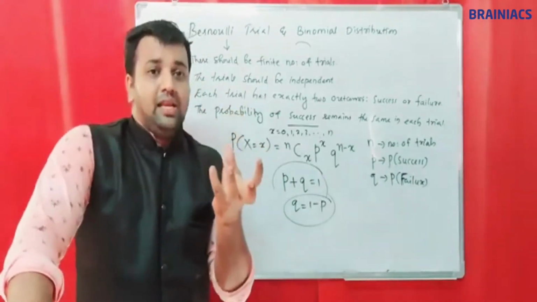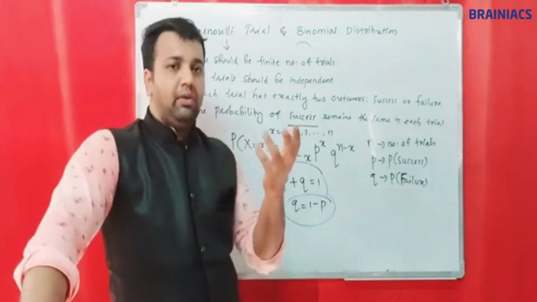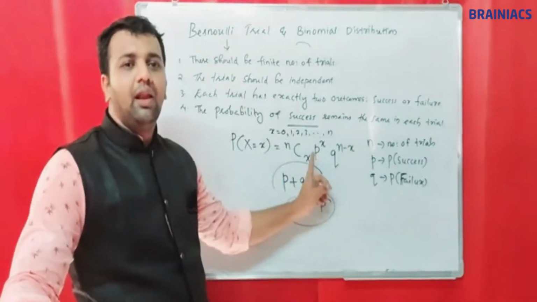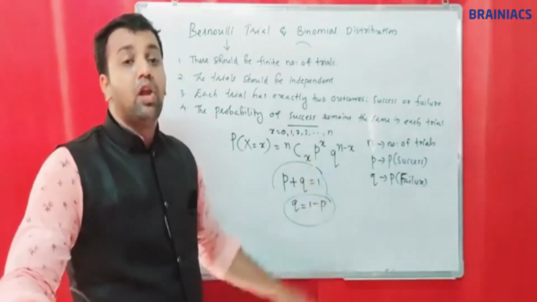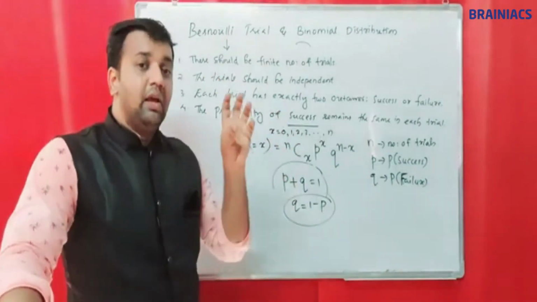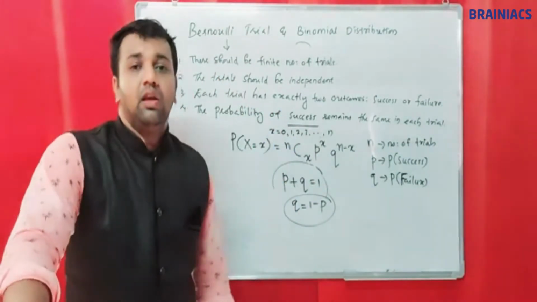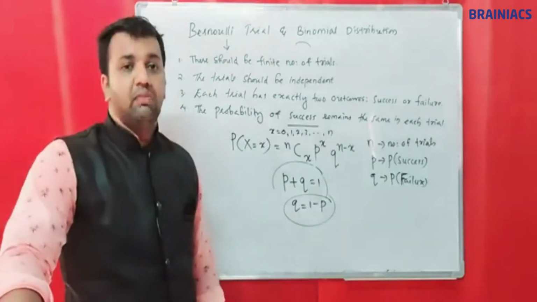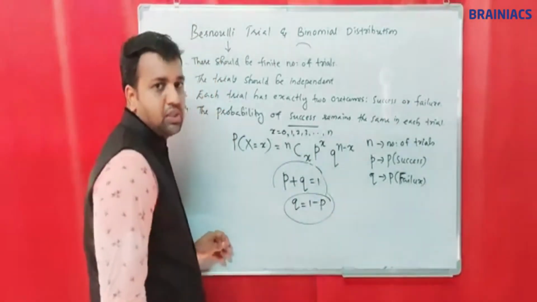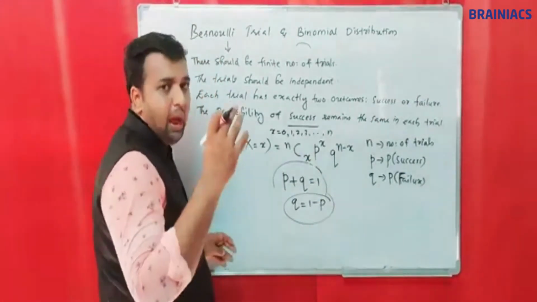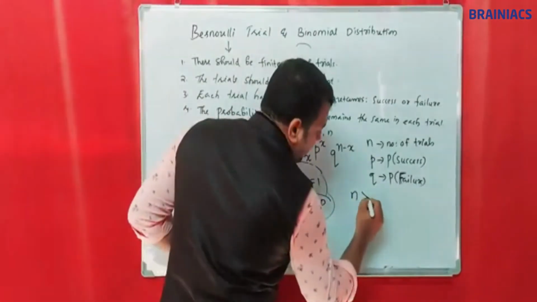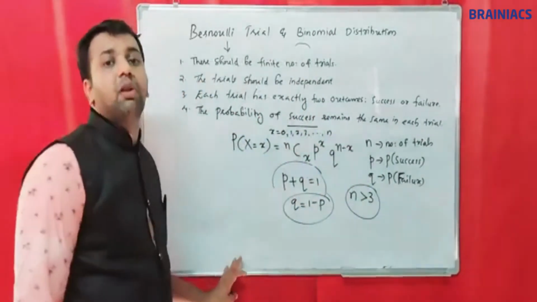When a question carries a number of trials of 5 or 4 or 6 or 10, then at that time we can recollect the binomial distribution equation. In those cases, the probability will be found by the equation nCx p raised to x, q raised to n minus x. Remember, this formula applies in such cases when n is greater than 3. n means number of trials.